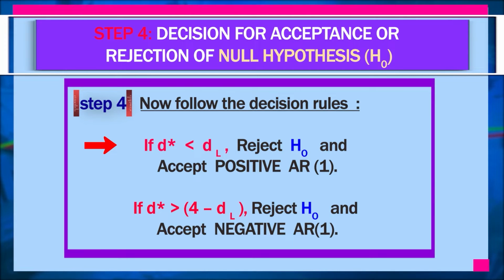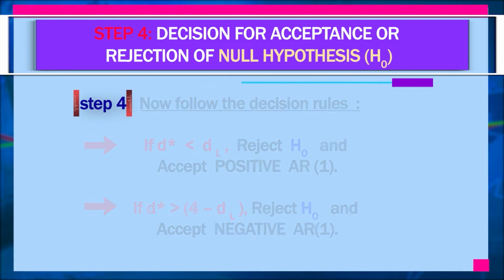AR stands for autocorrelation of order 1, because only for order 1 can this test be conducted. Similarly, if the computed D star is greater than 4 minus DL, as shown in the diagram, then we accept the presence of negative autocorrelation.